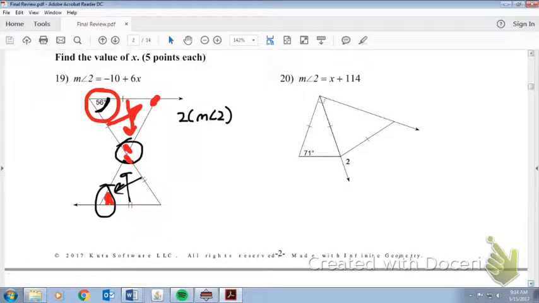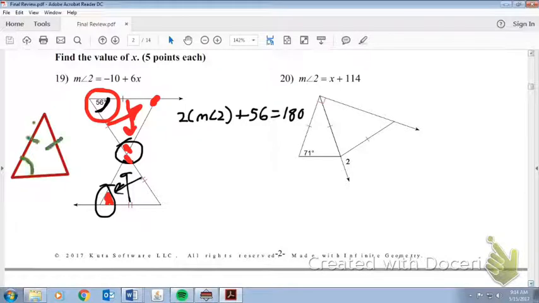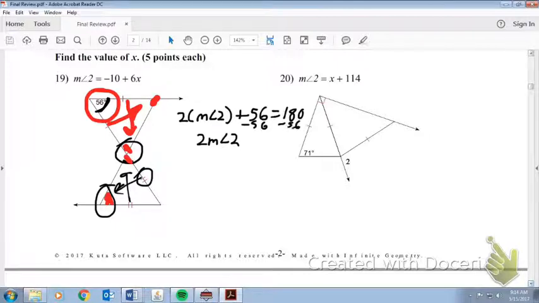So we can go 2 times the measure of angle 2 plus 56 equals 180. We're going to subtract 56 from both sides, and that gives us 2 times the measure of angle 2 equals 124. We then divide by 2, and we get the measure of angle 2 equals 62.